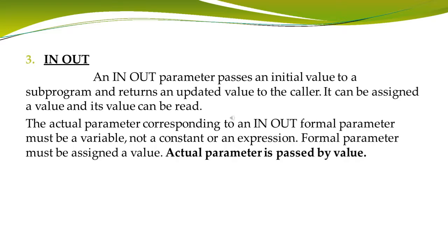It can be assigned a value and the value can be read. The actual parameter corresponding to an IN OUT formal parameter must be a variable, not a constant or an expression. Formal parameters must be assigned a value. Actual parameter is passed by value.